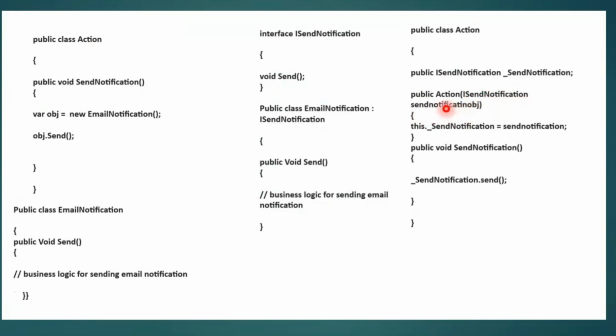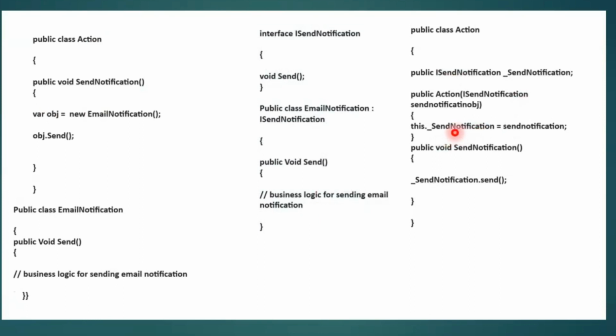By using dependency injection, this object will be injected here, and I am assigning this sendNotificationObj to the variable of the ISendNotification interface: this._sendNotification is equal to sendNotificationObj.